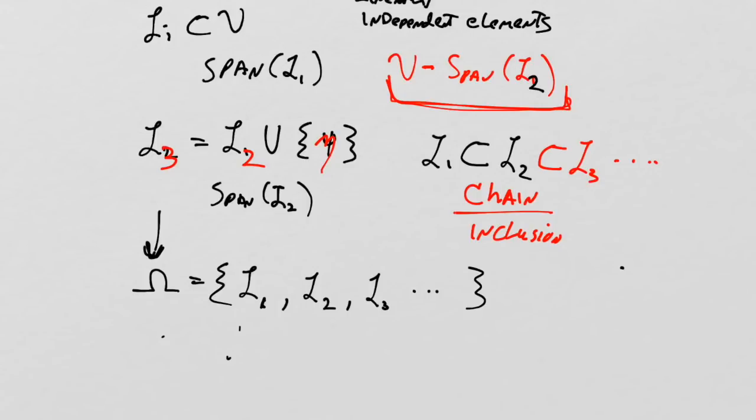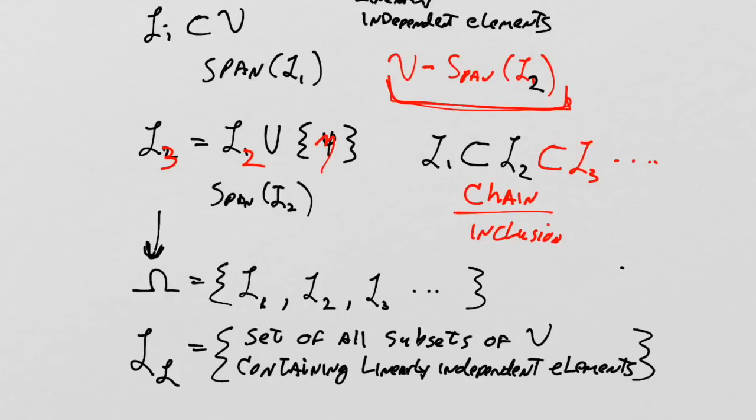So we also should consider, and what we'll need to understand, is that there is a set out there that we're going to call script L, and that is the set of all subsets of the vector space containing linearly independent elements. And that's a whopping big set. And each of these sets are in it, right? Because that's a set that contains only linearly independent elements, and that's a set that only contains linearly independent elements, and so is that one.